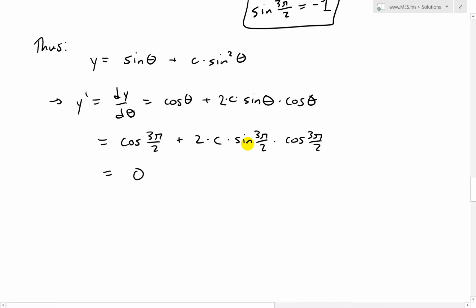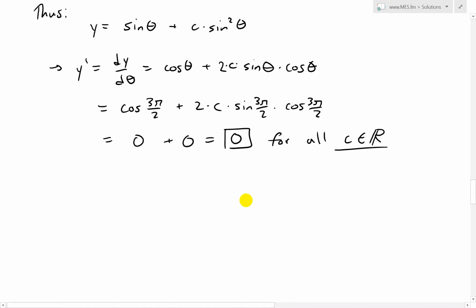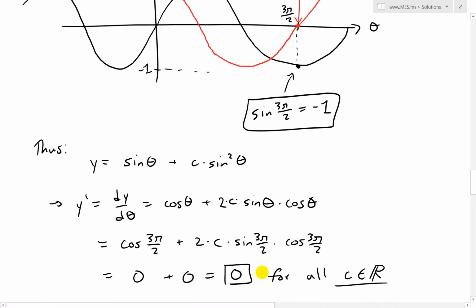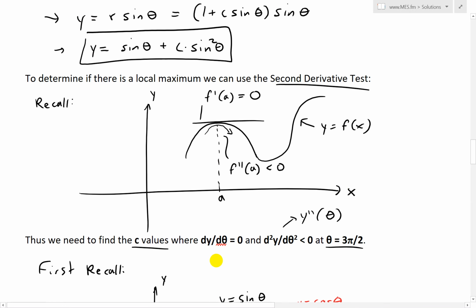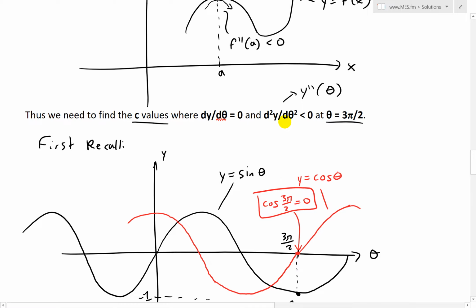So this equals 0, and this one is 0 as well. That all goes to 0. So this equals 0 for all c values, or for c an element of all real numbers. That's usually how you would say it. So the derivative for the local maximum test equals 0, which is good.